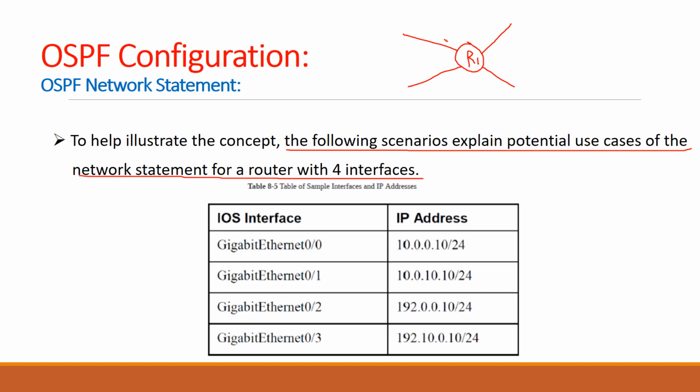This is Giga 0/0, 0/1, 0/2, and 0/3. This one is associated with IP address 10.0.0.10/24.